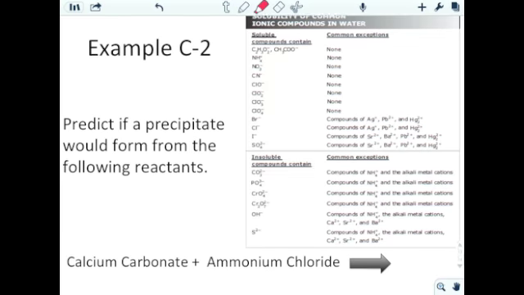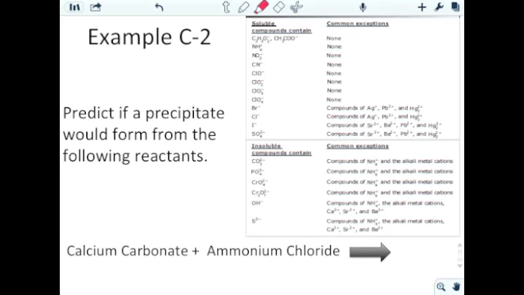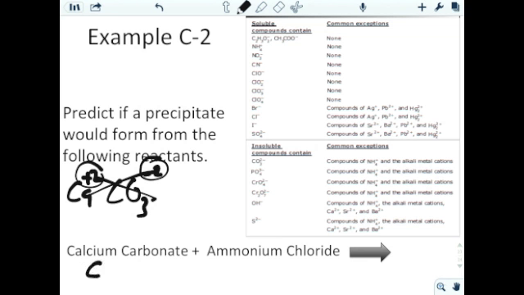Next example. We see that we have our calcium carbonate and ammonium chloride. So calcium carbonate, we have our CaCO3. Ca is +2, carbonate -2, crisscross, and since they're both 2 and 2, the ratio is 1:1, so CaCO3, plus our ammonium chloride.